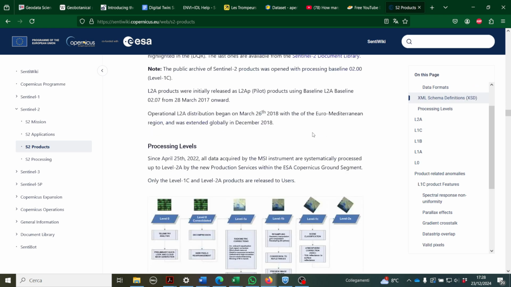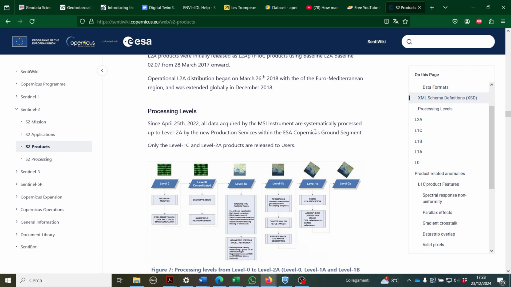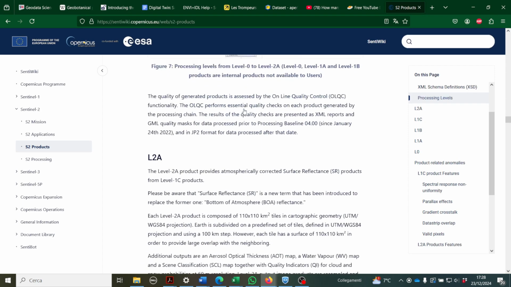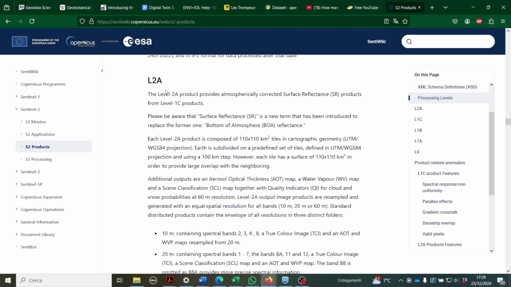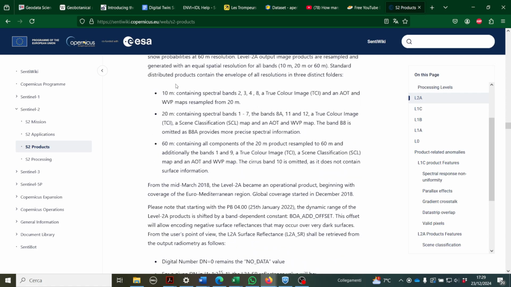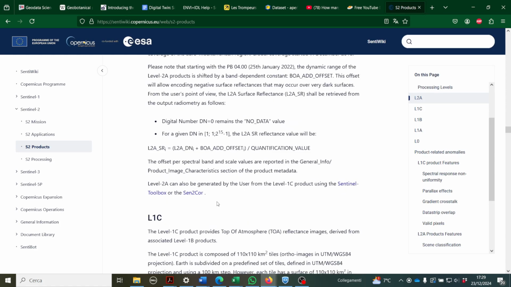Lastly, we have to describe the processing level. Of course, you can go through these documents in more detail. The processing level is very important because Sentinel is distributed to users at two different processing levels, called level 2A and level 1C.